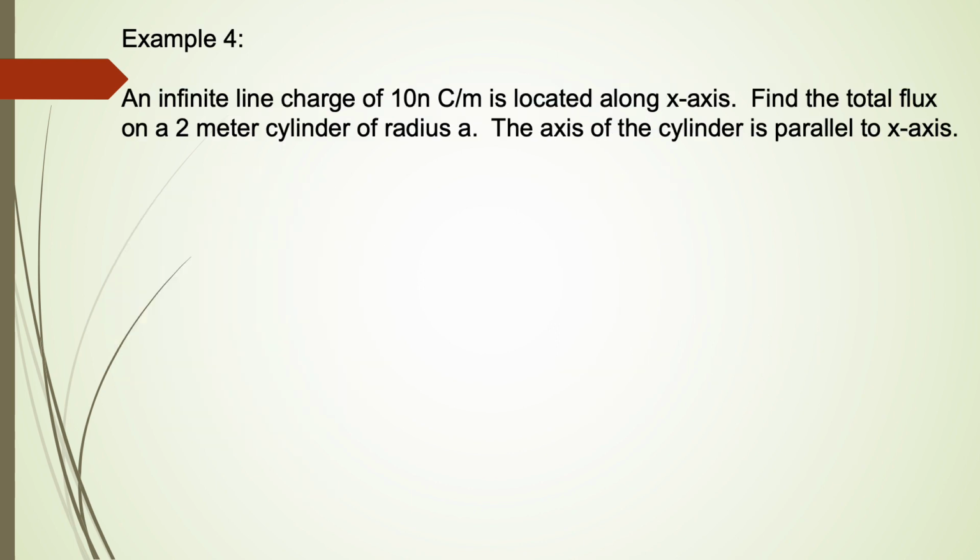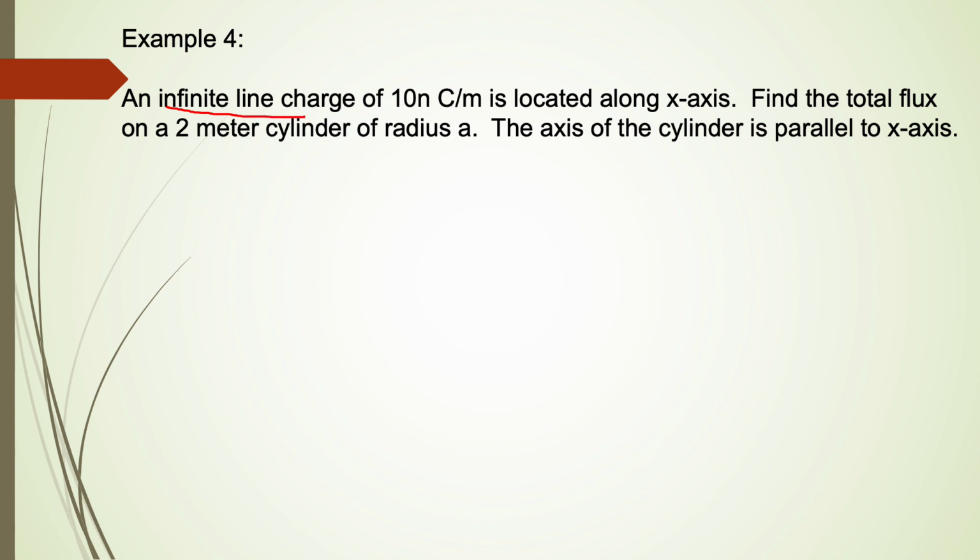Now let's look at example number 4, where in this example they give you an infinite line charge of 10 nanocoulomb, located along the x-axis, and we need to find the total flux on a 2-meter cylinder of radius A, where the axis of the cylinder is parallel to the x-axis. We need to find what information we can get from this question.